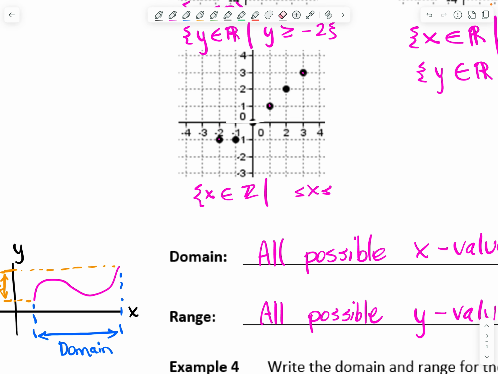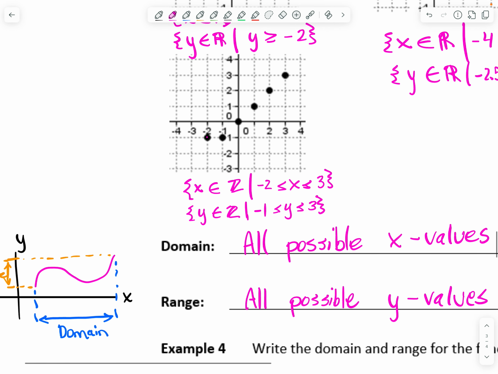So it's just all the x values that are integers between -2 and 3. So that's how I could say that for the domain. For the range, I would say y is an element of the integer number system, and y is between -1 and 3. Okay, so that's how I'd go about that.